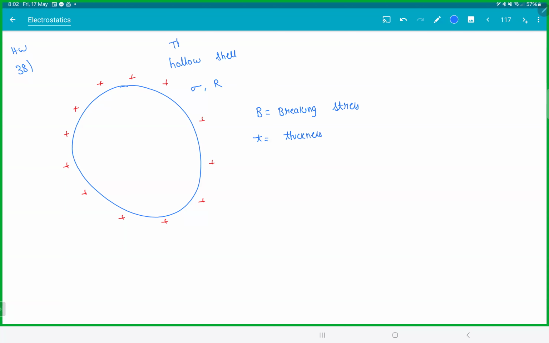Thin hollow shell, and T is much less than R. So the first question, find pressure on the shell. Just like the solid sphere, even here the charges will repel each other. Find maximum sigma so that the shell does not break.